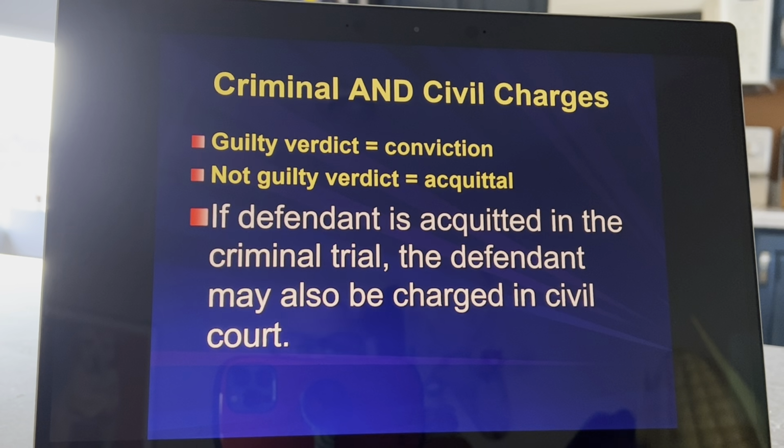Then, if they have been found not guilty, so they didn't meet the burden of proof, whatever it was, okay, whether it's a preponderance of the evidence in a civil case or beyond a reasonable doubt, that is called an acquittal. So, keep in mind, and you'll hear this in the media, and it's actually incorrect when people say, oh, he was found innocent. Okay, no defendant is ever found innocent. They are found not guilty.